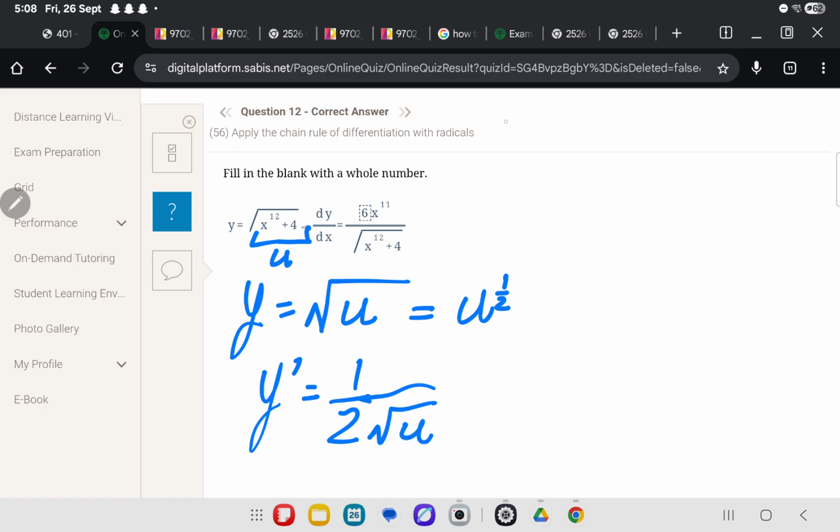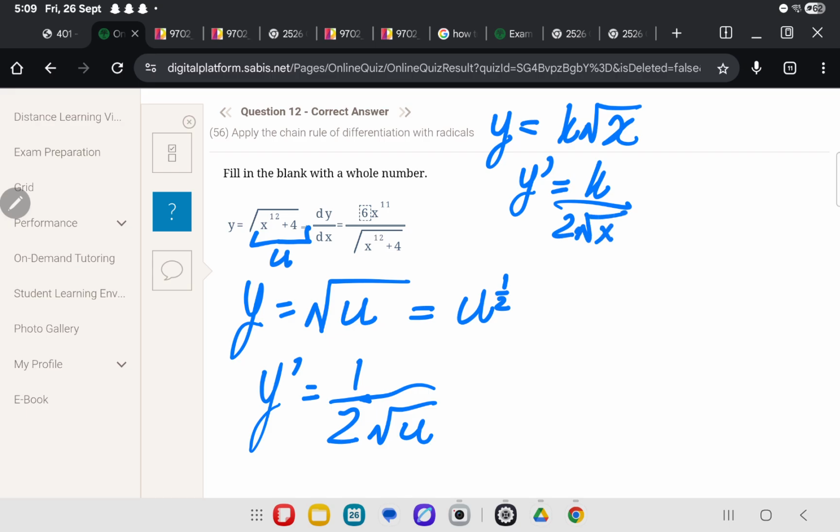It was when y equals k radical x, y prime is going to equal k over 2 radical x, right? k is 1 in our case. And u is our x, right? Same thing, because you're just changing the letter in our case. So it's going to be 1 over 2 radical u. That is for n u to the power of n minus 1.